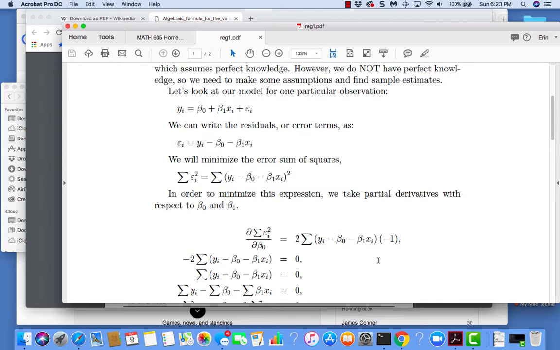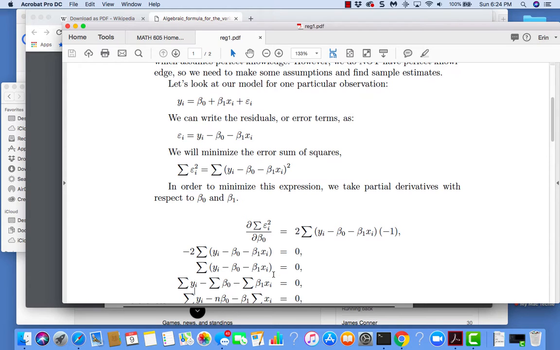So I just multiplied the 2 times the minus 1, and that gave me minus 2, and that times the summation of y i minus beta 0 minus beta 1 x i is equal to 0. Okay? Well, since I've got 0 on the right-hand side, I'm going to divide both sides through by minus 2. So right-hand side still stays at 0, and I just lose that leading constant at the beginning.